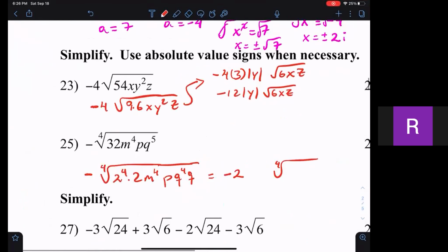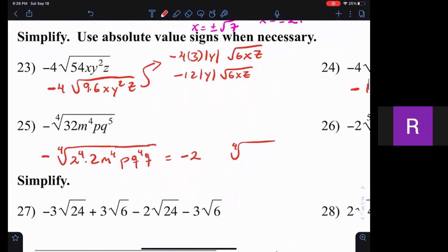The 2 stays inside, the m comes out, but I have to put the absolute value. The q comes out, I have to put the absolute value because they come from an even index, and when they come out, they come out odd, so I have to put the absolute value. And we have 2pq, right? That's it. That's the answer.